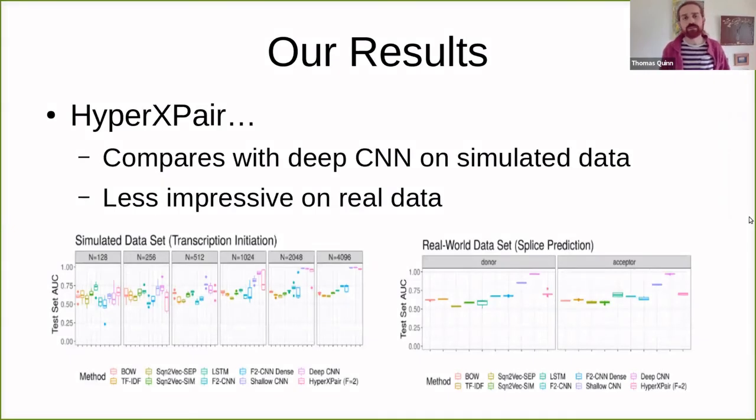So for our results, we benchmarked it against a few different neural networks, some natural language processing methods, LSTMs, and other convolutional neural networks. And we find that when we look at the simulated data, it performs really well. In fact, HyperXPair can perform as well as a deep convolutional neural network, because the problem here is defined exclusively by the distance-dependent motif interactions, and it can pick those up very efficiently.